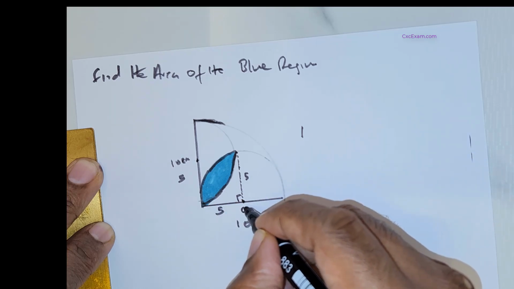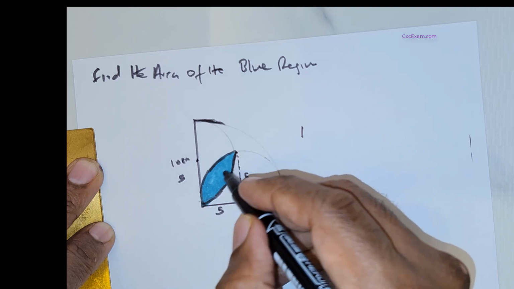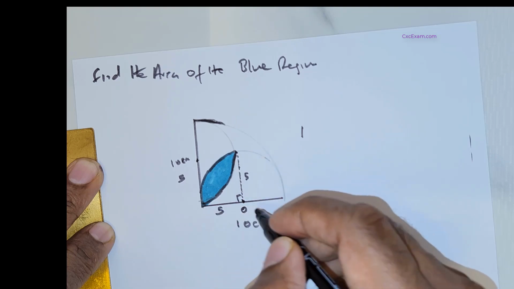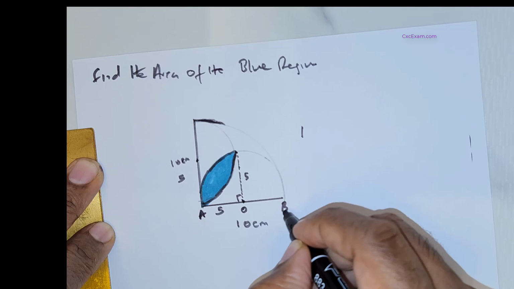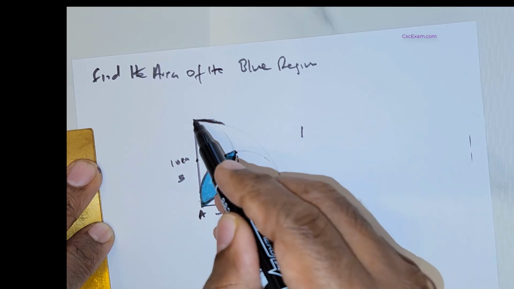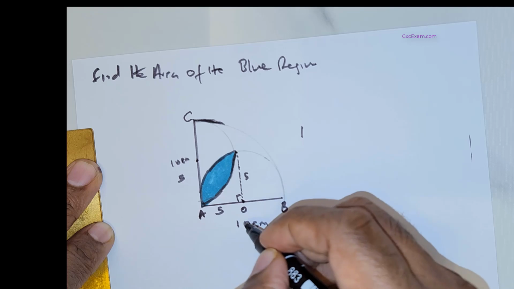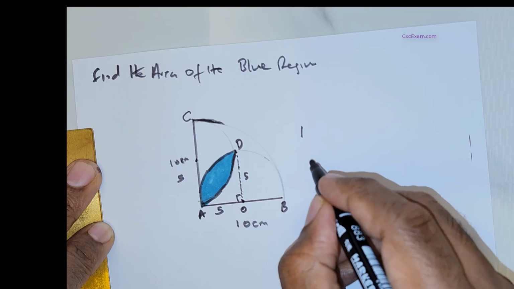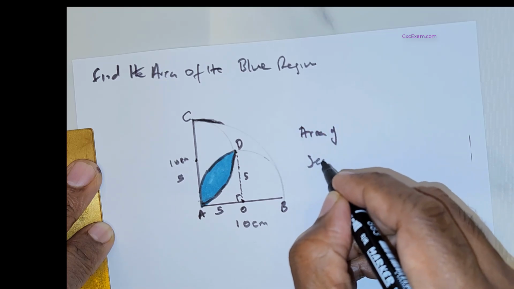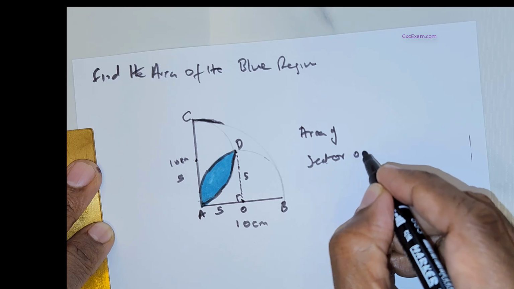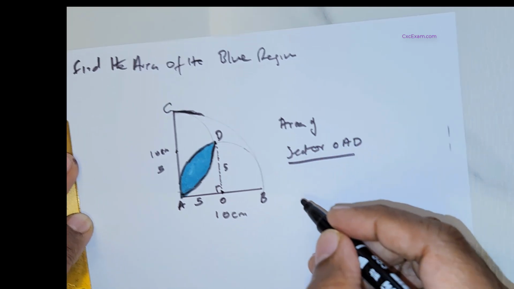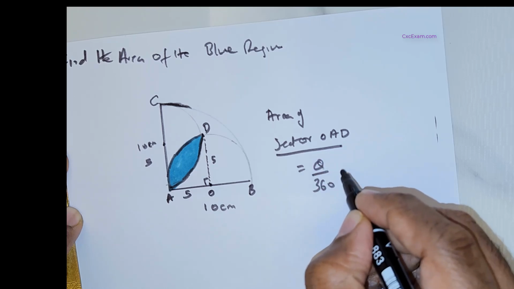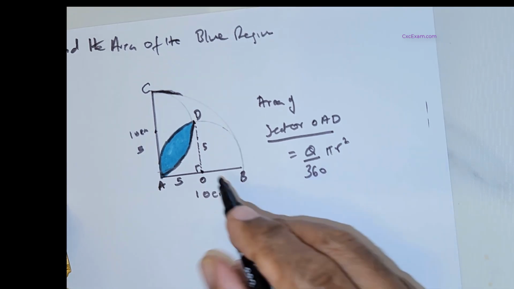Now I will mention this point as O, and I want to actually get this sector. So let this be A, let this point be B, and this point be C. So I want to get the sector OAD, area of sector OAD. So this is required. Now sector formula is given by theta over 360 pi times r squared.